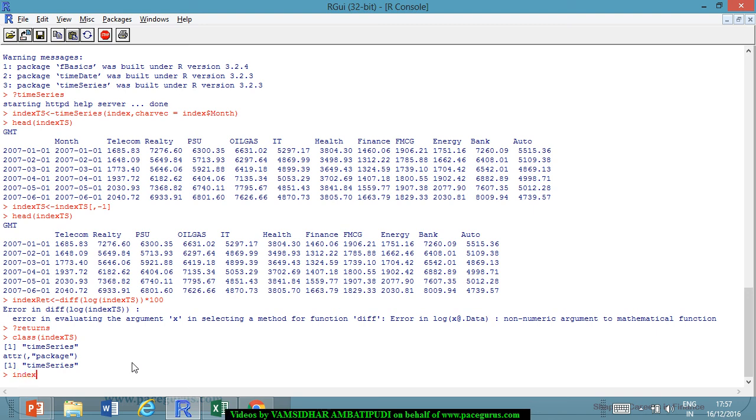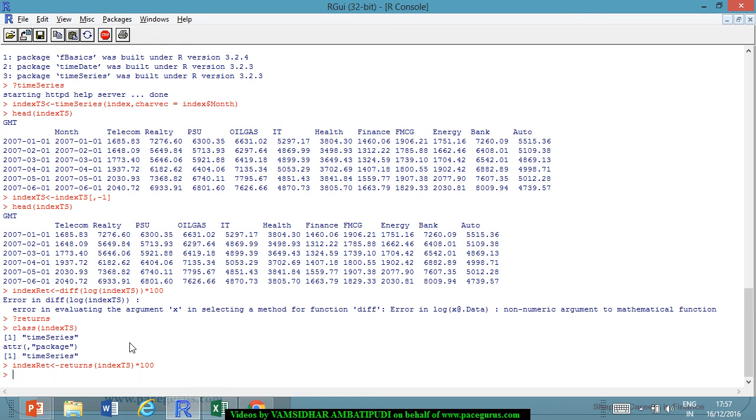So what I'll do is index ret. Here I will compute simply the returns of index ts. I'll compute the returns, and on that returns I'll multiply it with 100. So I'm considering the returns out here directly for the entire index.